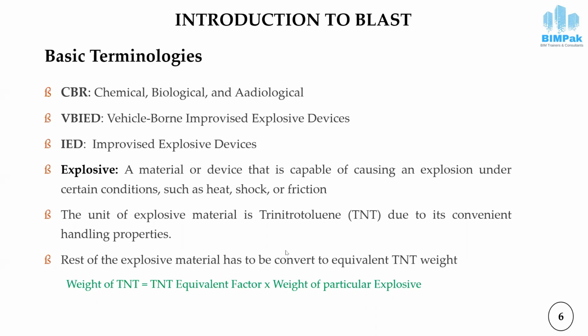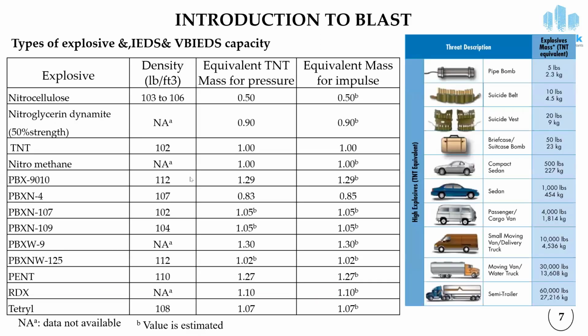The conversion formula is that every explosive material has a TNT equivalent factor, and you just have to multiply that factor with the weight of the particular explosive material. For example, here we can see some explosive materials, and in the third column we can see the equivalent TNT factor.